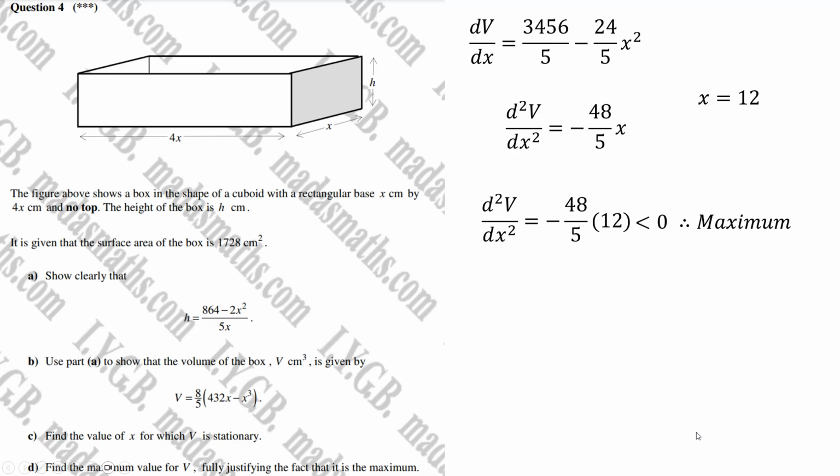So whatever this value of x is, it either minimizes or maximizes the volume, depending on what the second derivative is. This will tell you if it's going to be at the top or at the bottom, so if it's going to be a maximum or minimum. Whenever this is less than 0, it's going to be a maximum, but whenever it's greater than 0, it's going to be a minimum. I hope that makes sense.